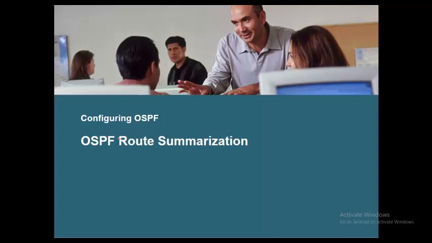Summarization reduces the LSAs that are going to be flooded. When I say flood, you should not misunderstand it like broadcast. They are multicast. They are sent to every OSPF router.